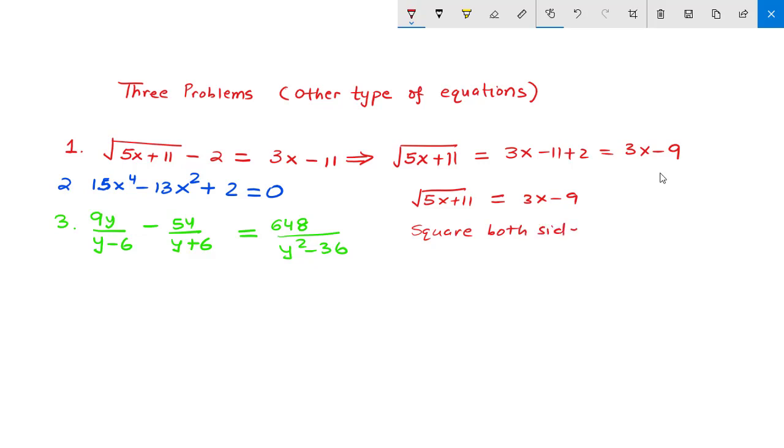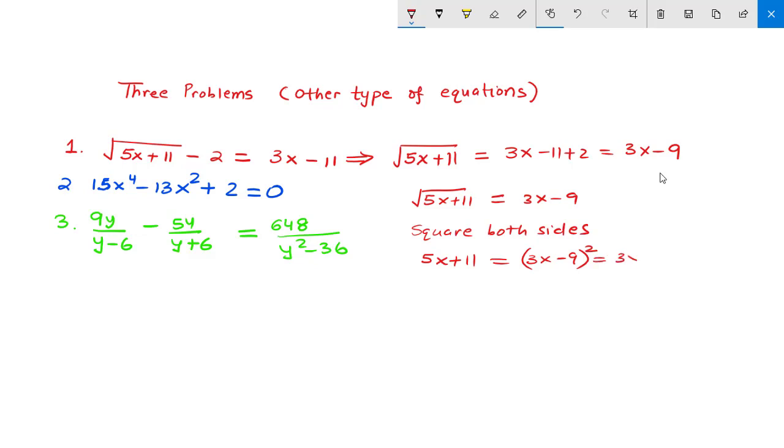So squaring both sides, I get 5x plus 11, because the radical and the square cancel. I'm not showing it here, but I'm just writing 5x plus 11 equals, on the other side, you're going to square (3x minus 9) whole squared. Here you can either use (a minus b) whole squared, or you can FOIL it.